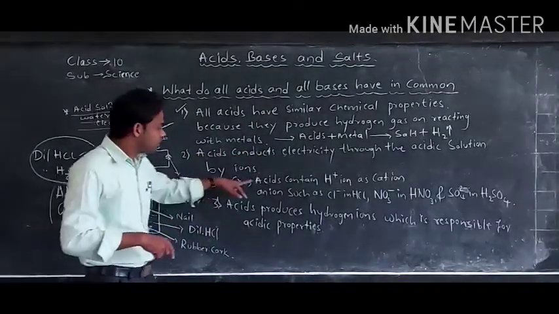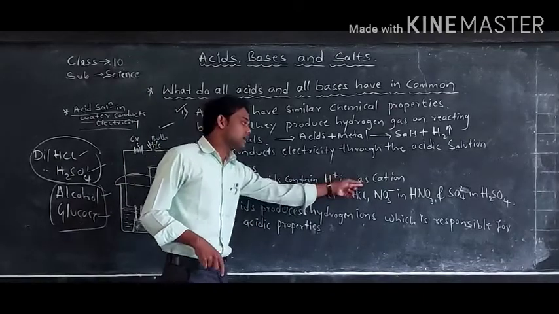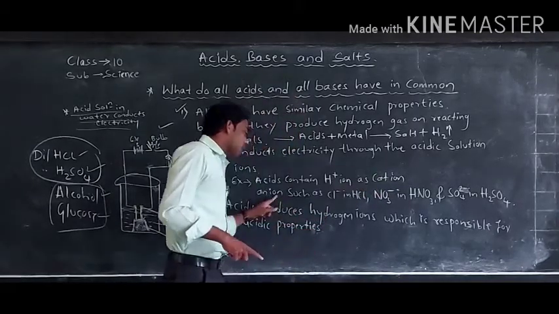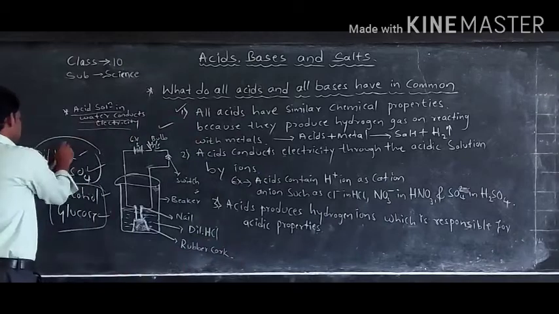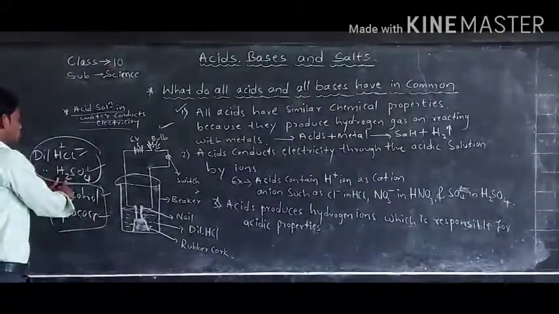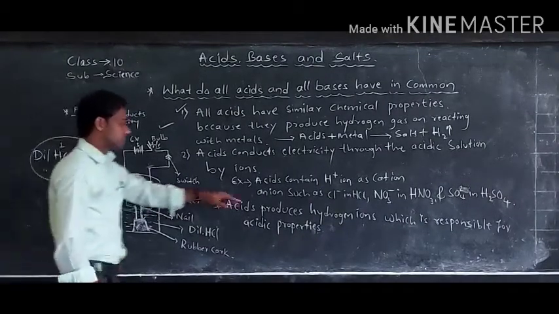From this experiment, we confirm that acids conduct electricity through the acidic solution by ions. For example, acids contain hydrogen ion H+ as a cation, and an anion such as chlorine. In HCl, H+ is the cation and Cl is the anion. In H2SO4, hydrogen is the cation and SO4 is the anion.